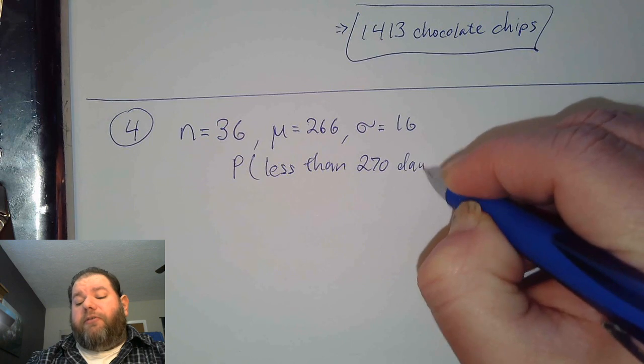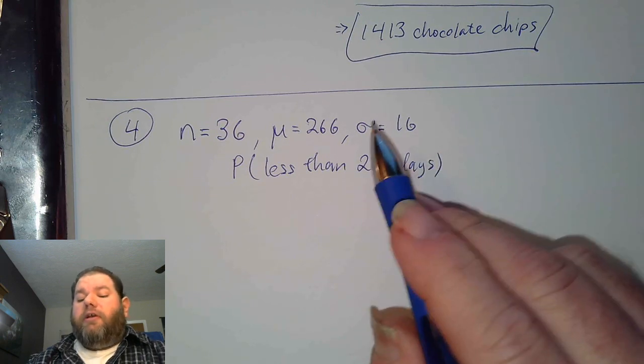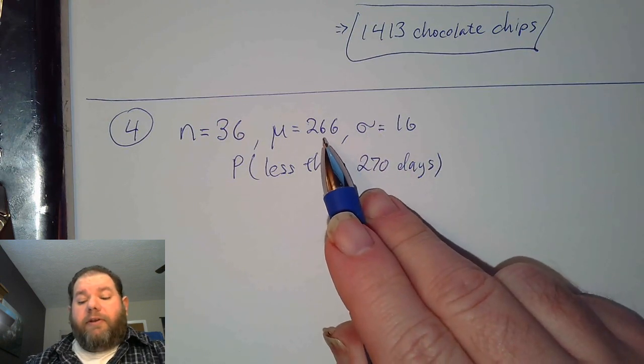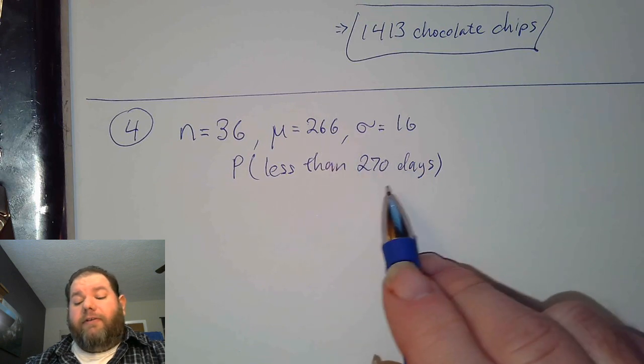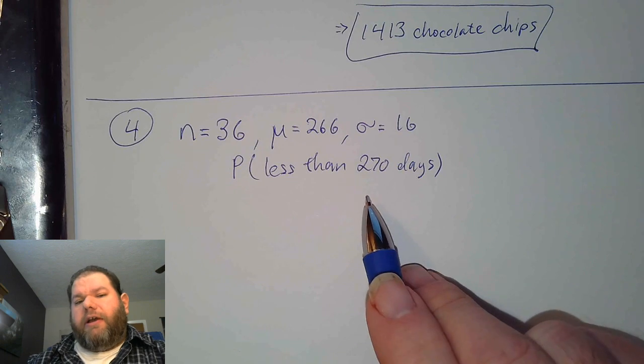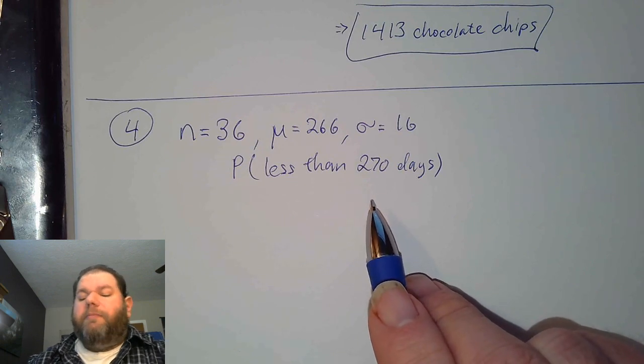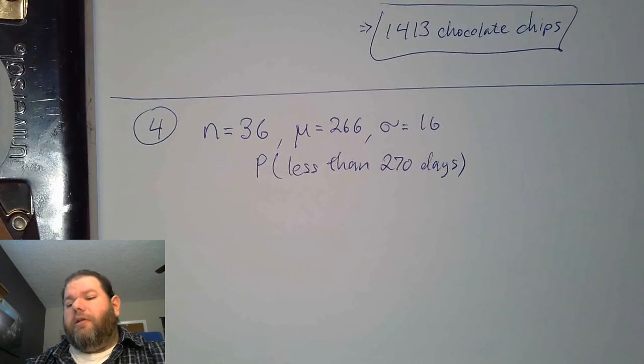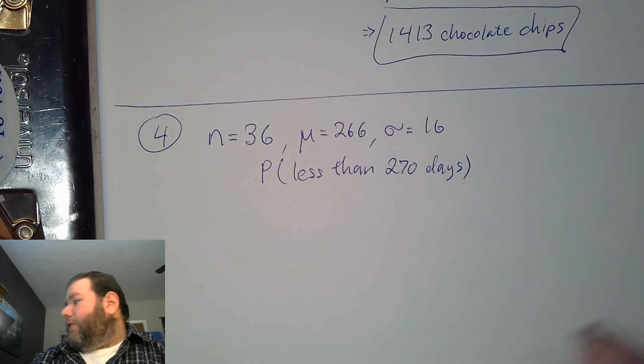Which is a pretty reasonable assertion because very likely the average length of pregnancy is going to be right near 266, so that it's less than 270 is pretty likely. So we should get a relatively high number here, just thinking about it. Especially when we have a sample size like this.